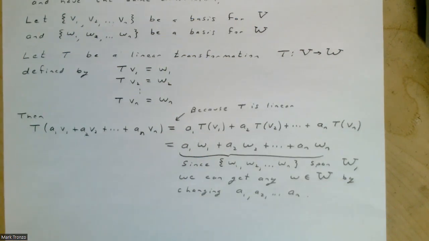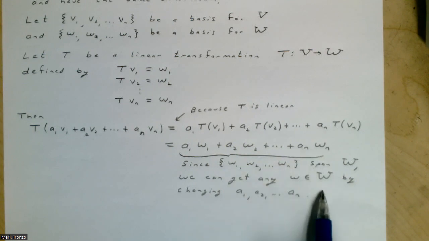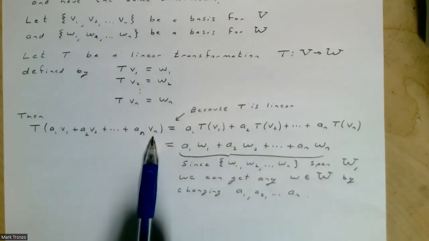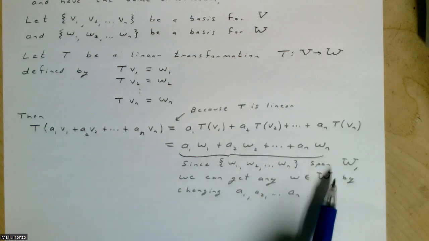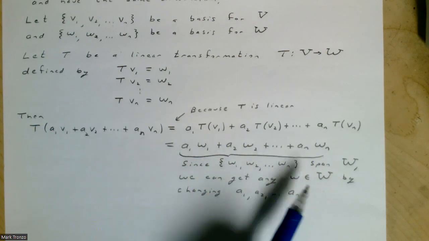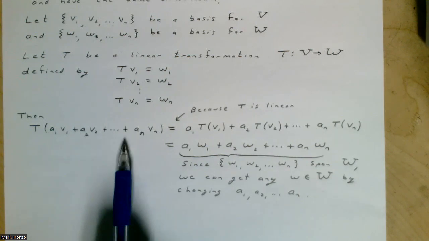Remember, a basis spans the space, and the basis vectors are linearly independent. So right now we just know that they span, so it means we can always find these A's that will produce anything in there. And that furthermore means those A's apply over here as well. We change these A's to get any vector in W. That also means our transformation was able to produce those, because we're changing those same A's, giving them the same value here.